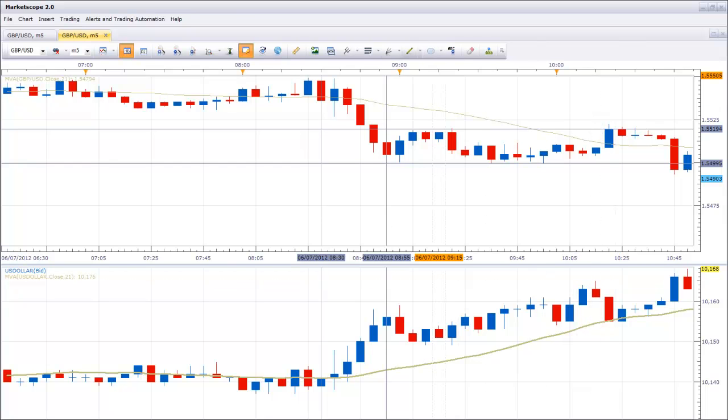So when the US dollar index closed above its high, that means it gave me an indication to close out of my trade on my GBP USD, which I did at a 20 pip loss.